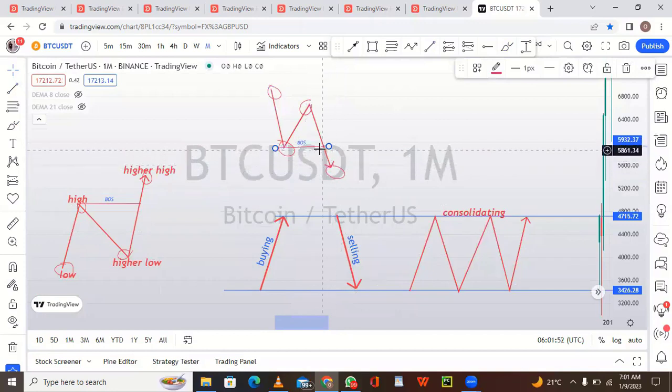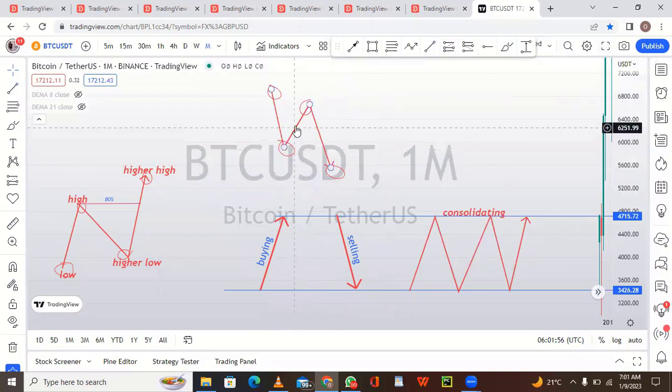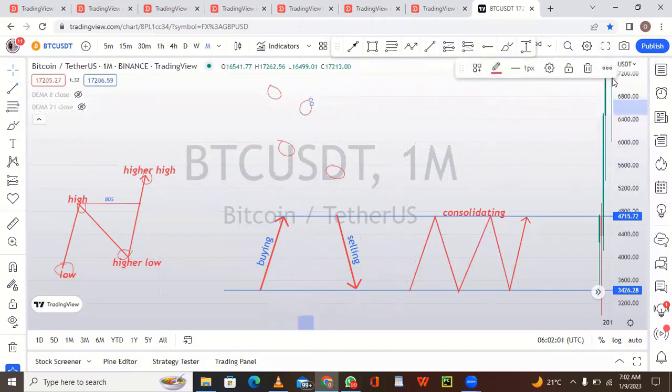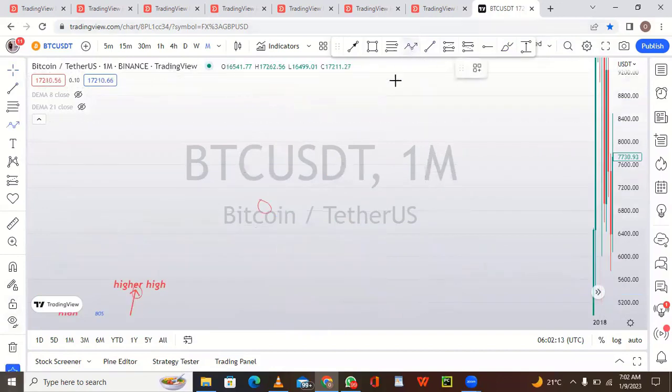So that is that. But for you to see a typical example of how a bearish market looks like, you will have to identify it with this diagram. So this is how a bearish market looks like.